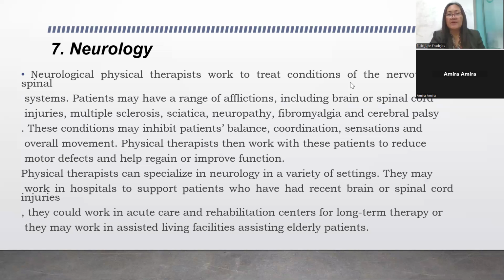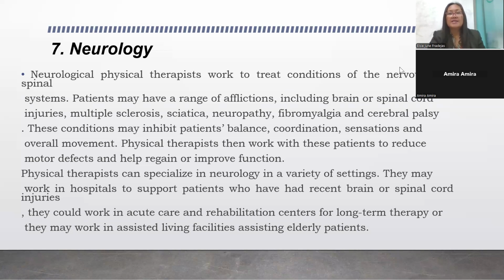And we have the seventh, which is neurology. Neurological physical therapists work to treat conditions of the nervous system and the spinal nerves. They are specializing to treat conditions of the nervous system. When we say nervous and spinal, it involves the brain.